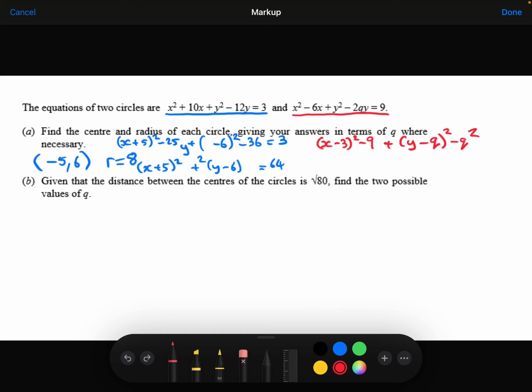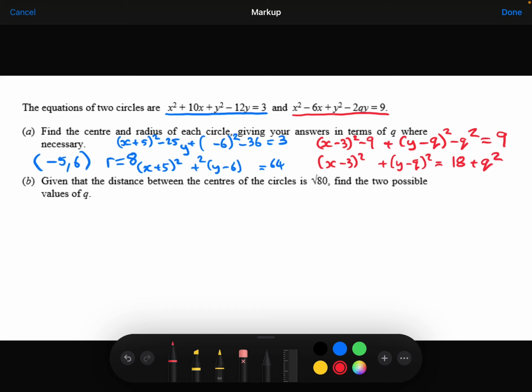We're then going to add 9 to both sides, and we're going to add q squared to both sides. So the 9 plus 9 is 18, plus the q squared.